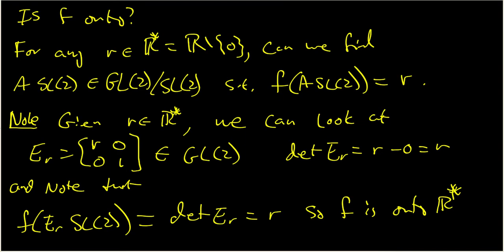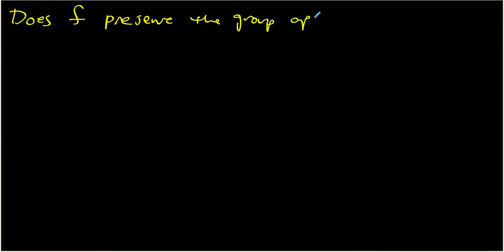We will have a group isomorphism if this particular function preserves the group operation. So let's now look at the group operation. Does our f preserve the group operation? Now, what this question means is the following.